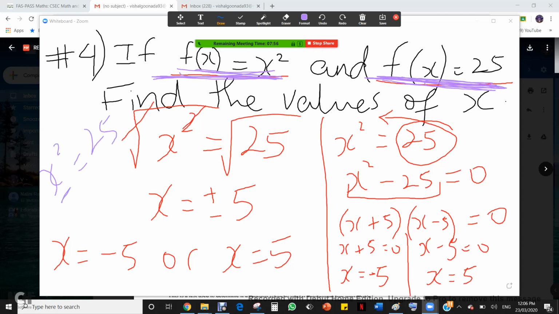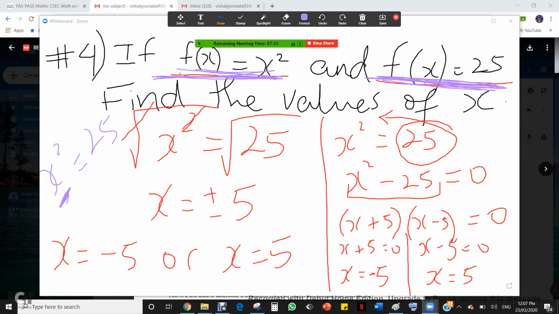Something squared that gives us 25 can only be 5, whether it's positive 5 or negative 5, because if you square negative 5 you still get positive 25, and if you square positive 5 you also get positive 25. So that's why the answer is positive 5 or negative 5.